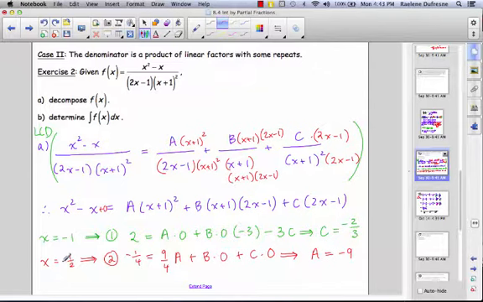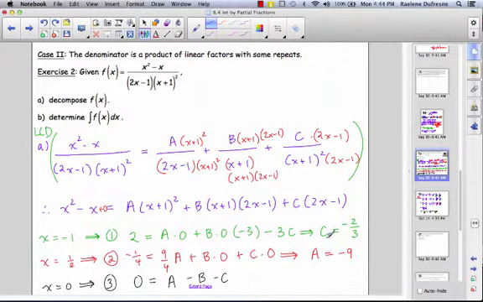Now I don't have any other factors, and so I don't have any other smart choices for x. But we can choose any value for x that is easy to work with. And I think 0 is very easy to work with. So if we let x equal 0, we can see that the left-hand side is equal to 0, and the right-hand side is going to be 1a. We're going to get 1 times negative 1, which will be negative 1b, or minus b, and we will get negative 1c, or minus c.